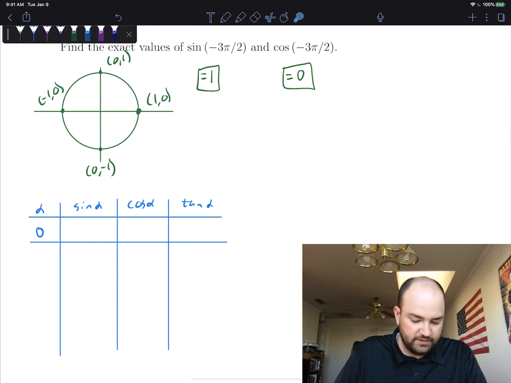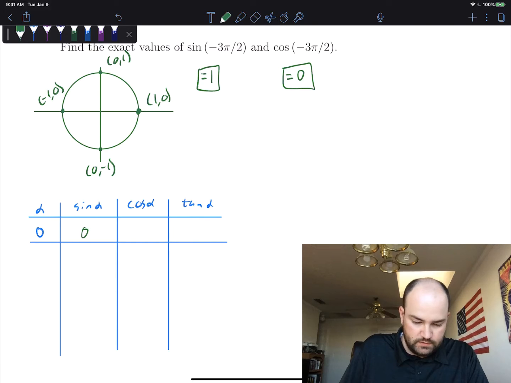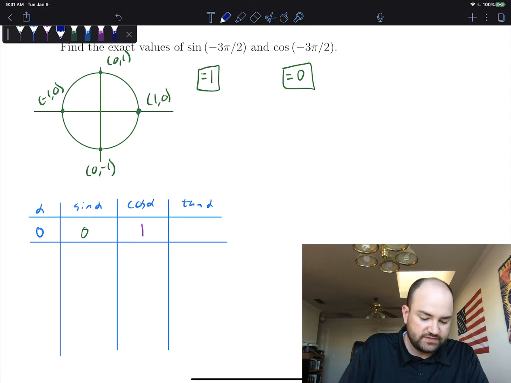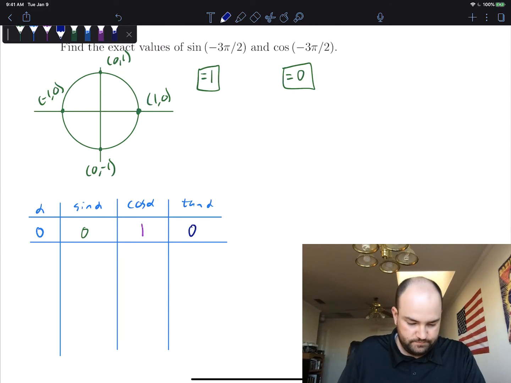So sine of 0 is going to be, well, there's the y value of 0. Cosine of 0 is the x value of 1. And as for tangent, it is the y over the x, so 0 over the 1, which gives us 0.